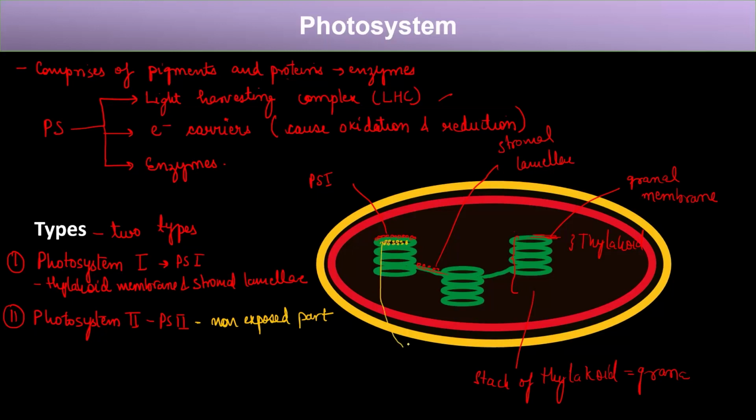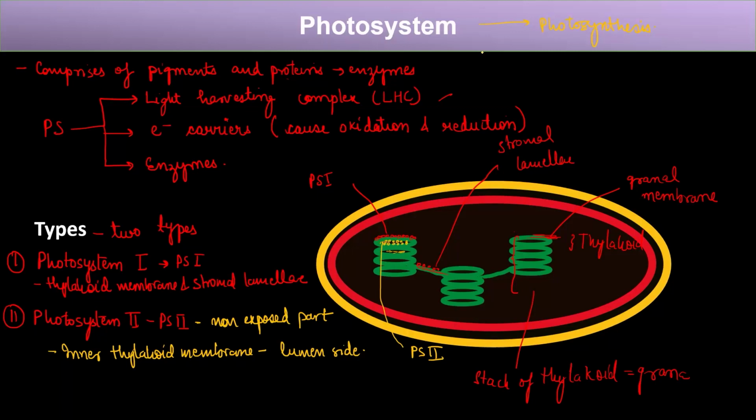So this is your PS2. PS2 is located on the inner thylakoid membrane, on the lumen side, because this region is known as the lumen. Okay. So we have seen where photosystem 1 and photosystem 2 are present. And these photosystems 1 and 2 are mainly responsible for photosynthesis.